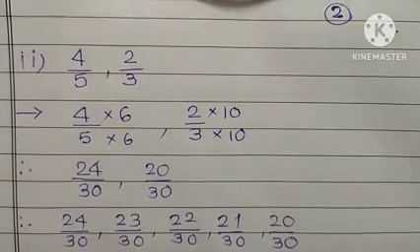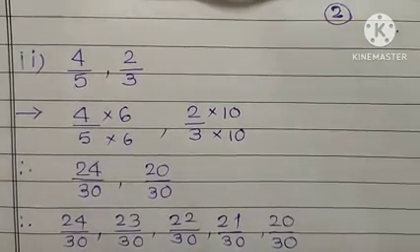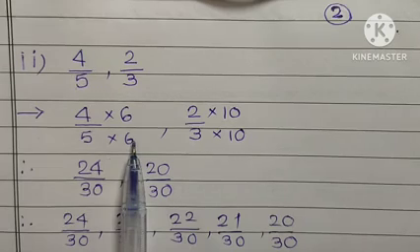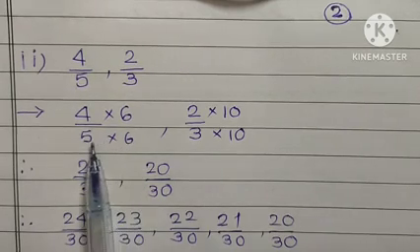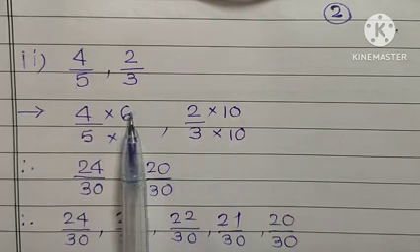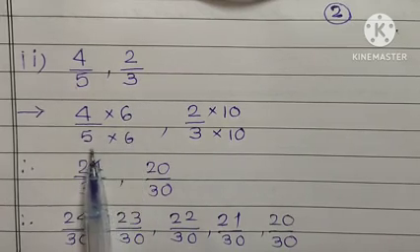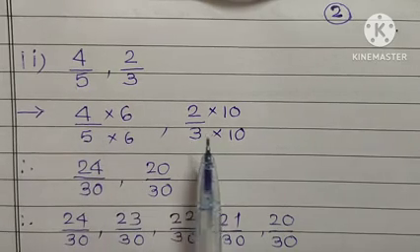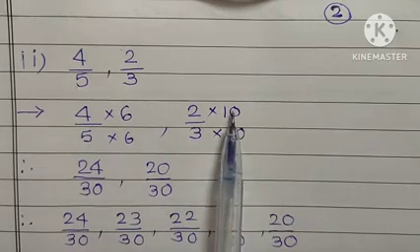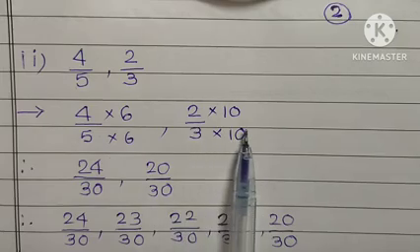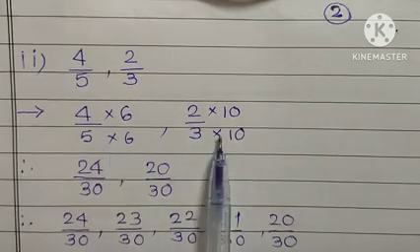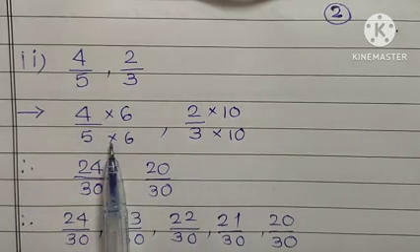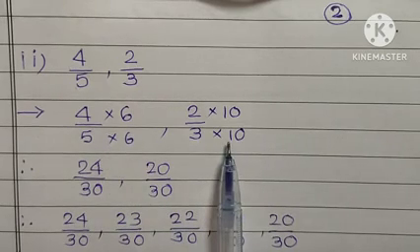Friends, here remember one more thing. Why have we made the denominator 30? If we multiply by 3 to numerator and denominator, it will become 15. And similarly, if you multiply by 5 to numerator and denominator, it will again be 15. So the denominator will be the same if you multiply by 3 to this and 5 to this.